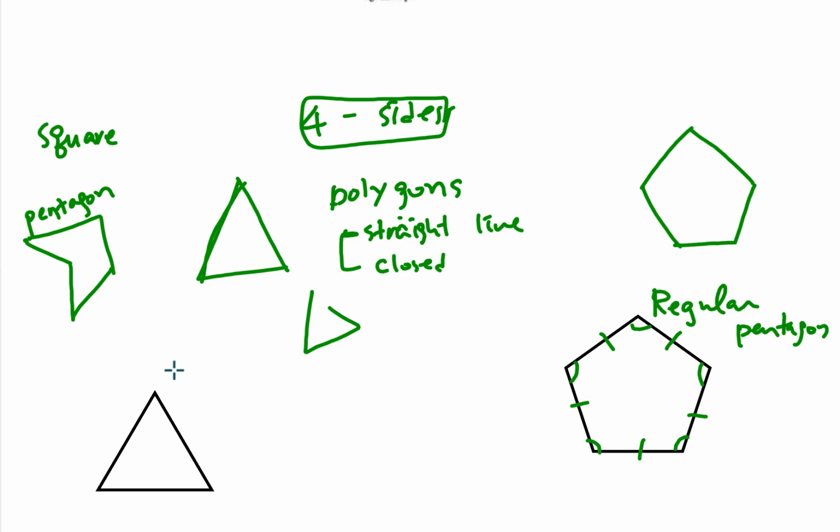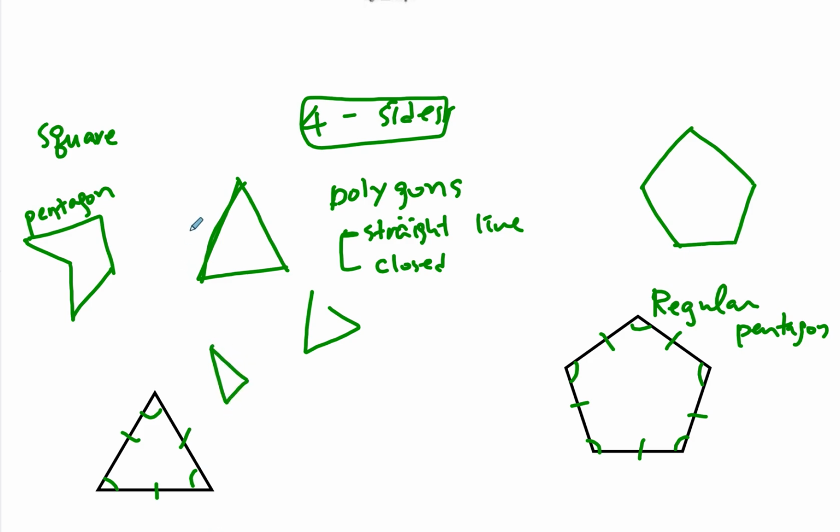So this is a triangle, and in this case specifically, I have all 3 sides congruent and all 3 angles congruent. So it is a regular triangle, or we have a special name for it, equilateral triangle or equiangular triangle, right? But this is a triangle too, right? And scalene is a triangle too.